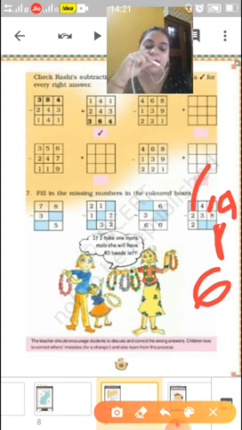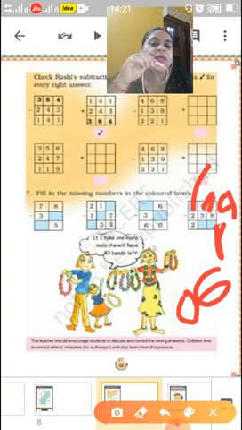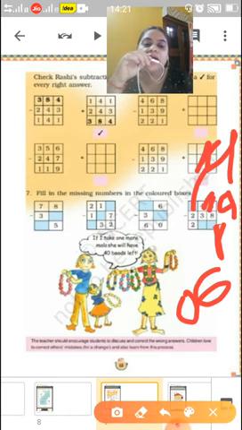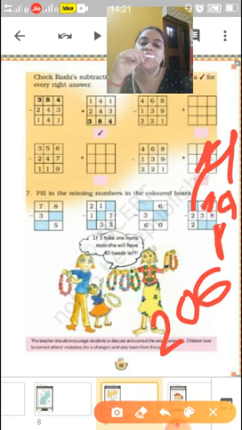Then 3 minus 3 is 0, because we have given 1 over here, so it will be 3. So 3 minus 3 is 0. Now what will come here? Here in this box will come 4. 4 minus 2 will come 2. So your answer is 206. And here in the upper box it will come 4.